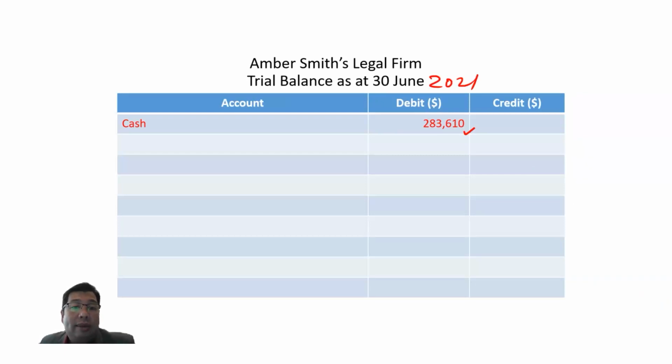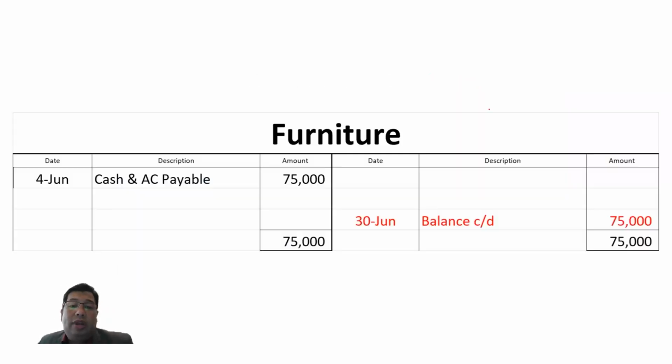Now we move to other types of assets. It's good to do it in order. Start with assets, then liability, then equity, then revenue, then expenses. It will be very easy. So let us move to the next one, furniture. We purchased furniture 75,000. There is no additional furniture purchase.